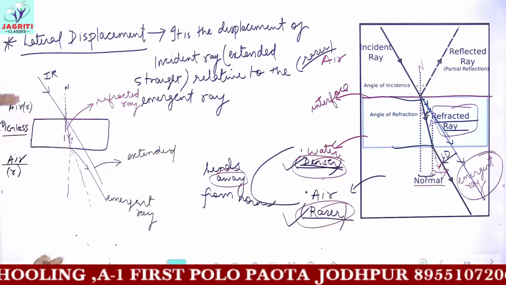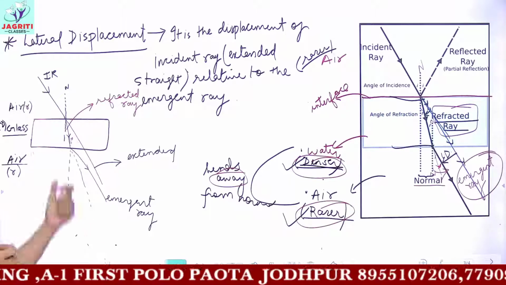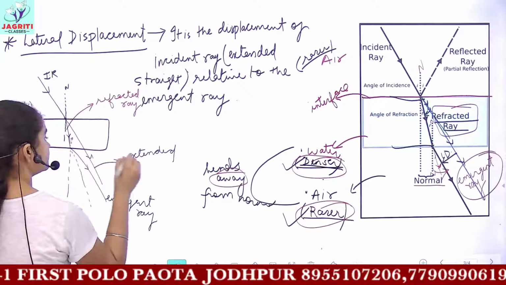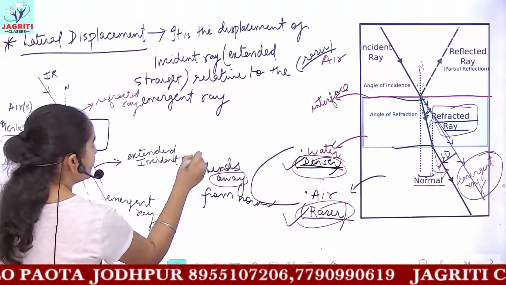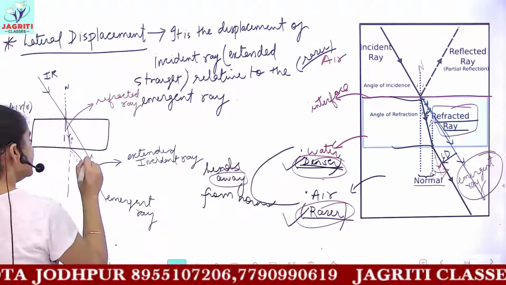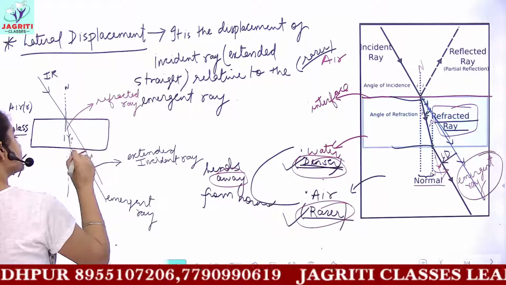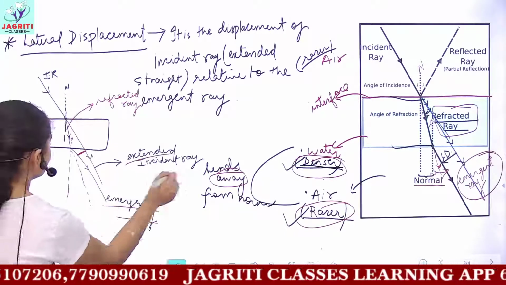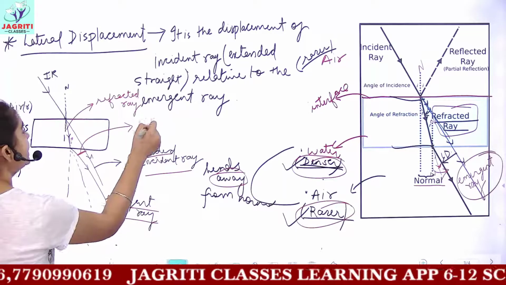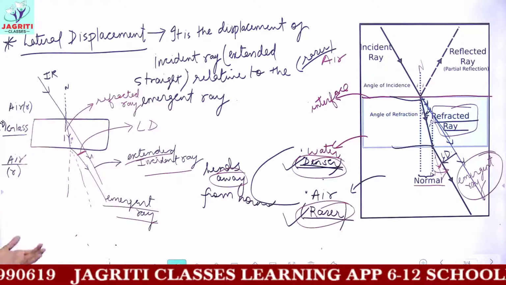I have extended this incident ray to the last point. This is my extended incident ray. And lateral displacement is what? Lateral displacement is this distance between the extended incident ray and the emergent ray. I hope now this is clear.